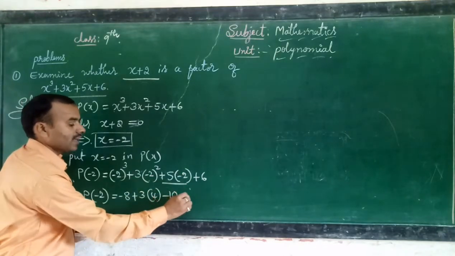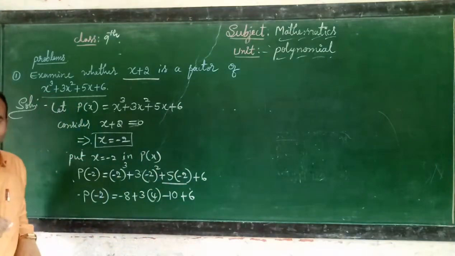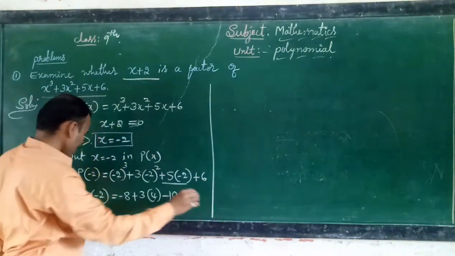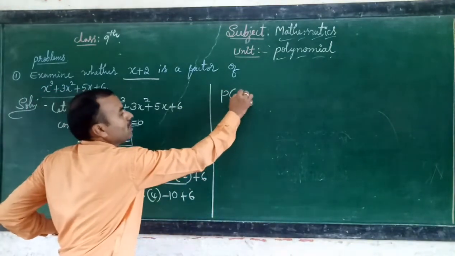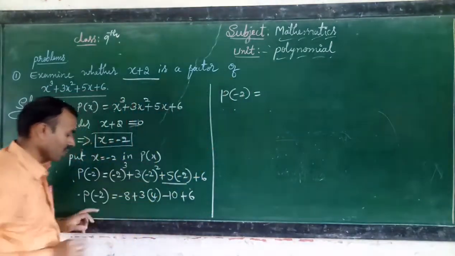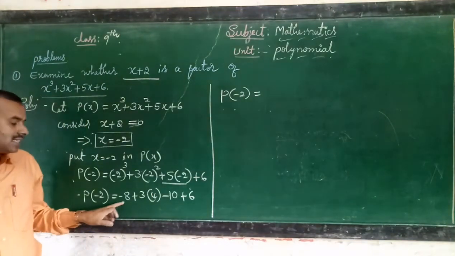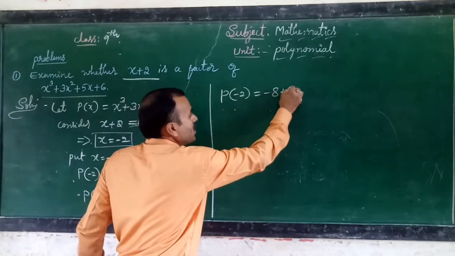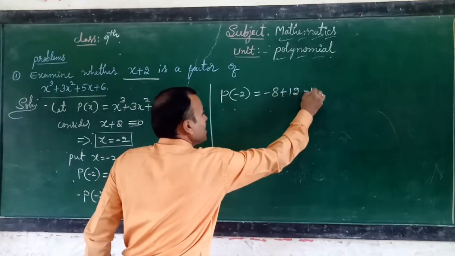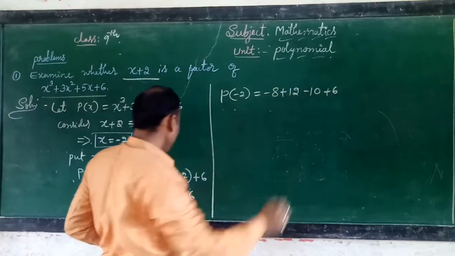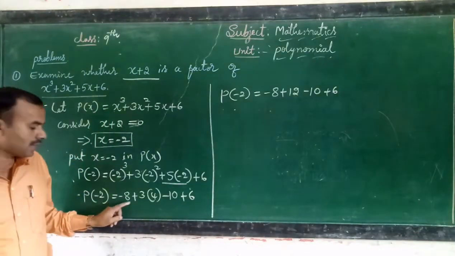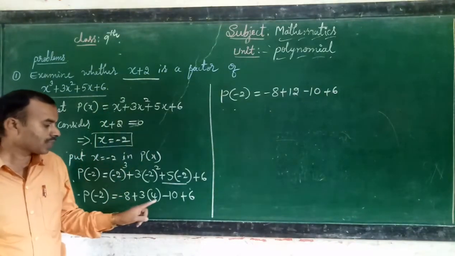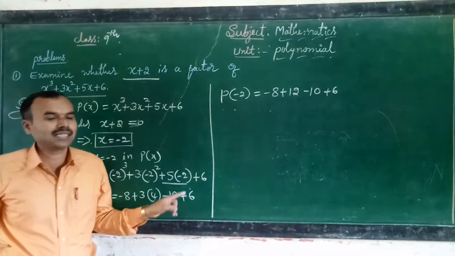Now we shall see P of minus 2 equals minus 8, as it is, plus 3 fours are 12, minus 10 plus 6.